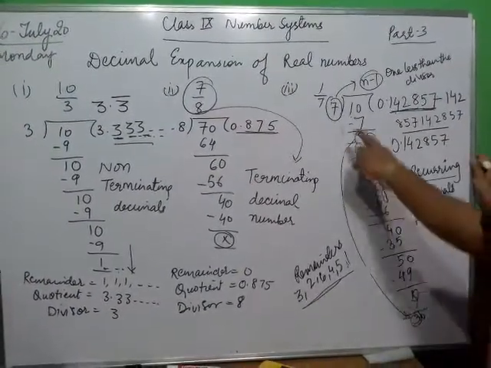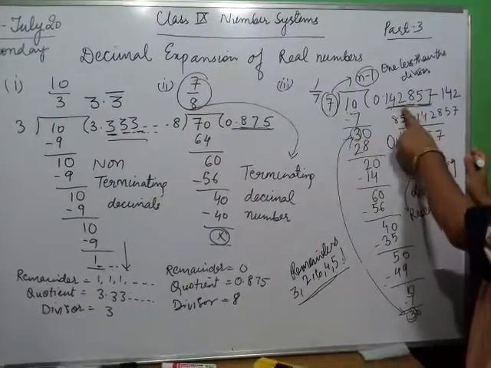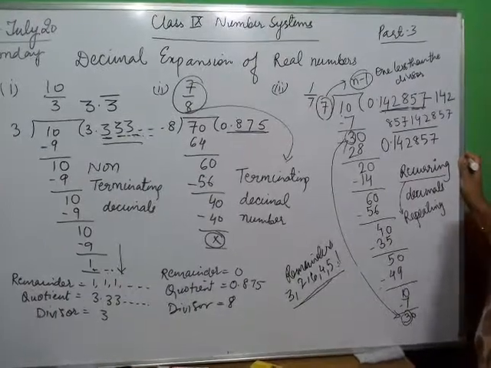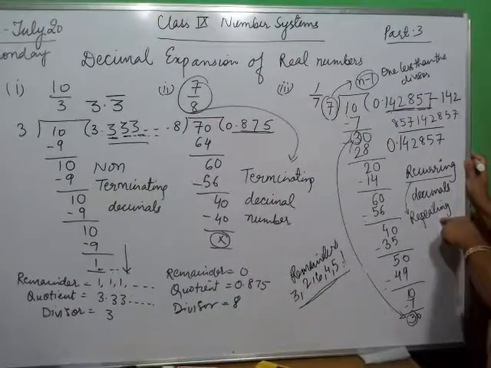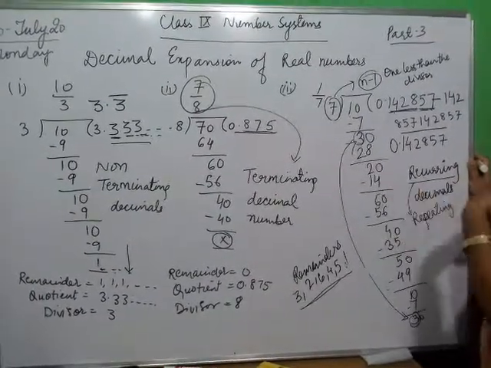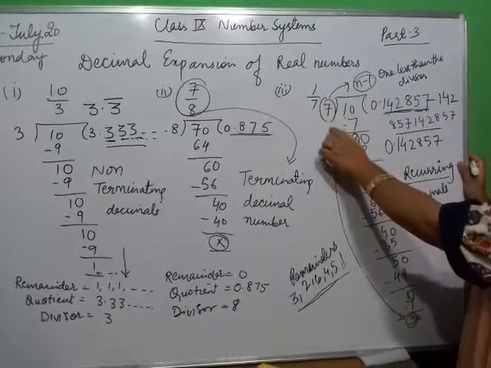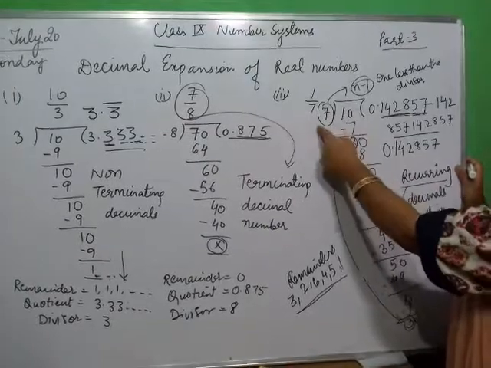Okay, so 7 is the divisor and we have 6 digits being repeated. So with recurring decimals, we can easily say how many digits will repeat. Just see the divisor. The number of digits that will repeat is 1 less than the divisor.